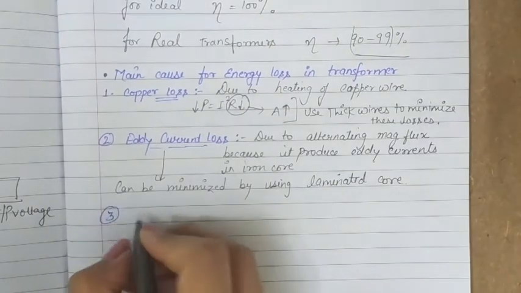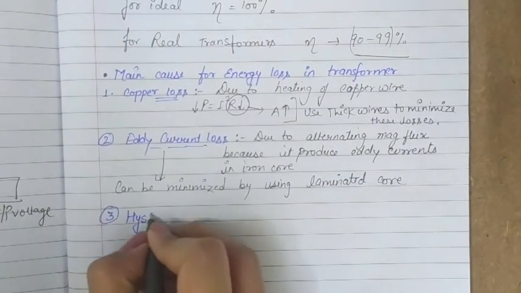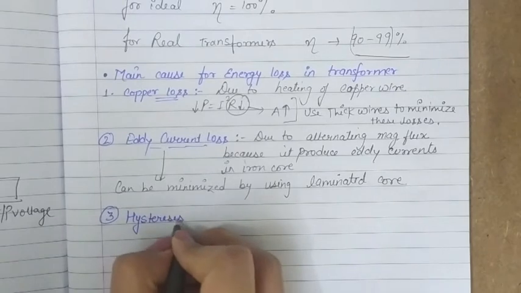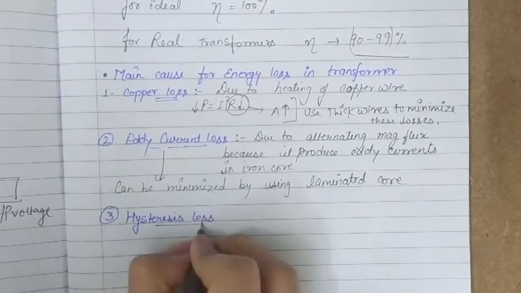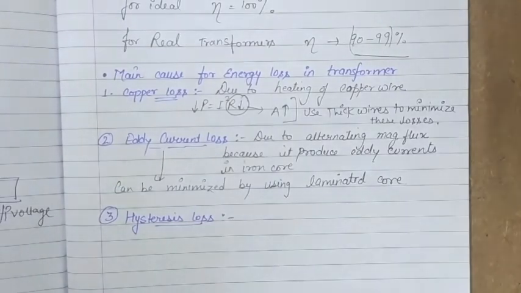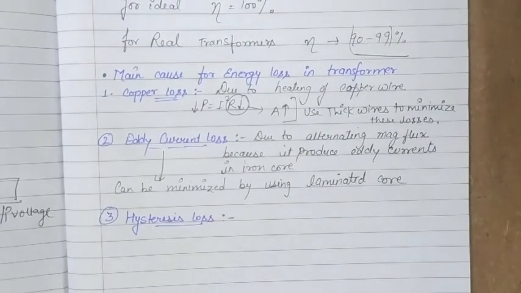Third is hysteresis loss. During this process, the alternating current in the core causes magnetization and demagnetization, and because of this magnetization and demagnetization, work is done in each cycle and there is loss of heat.